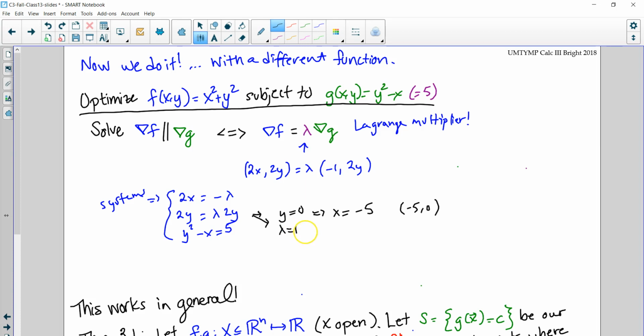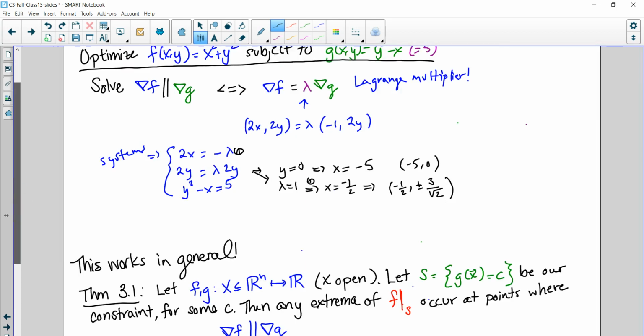But if I do that, then the first equation becomes just x is equal to minus a half, and then in my constraint equation, my very last one, I end up getting that the critical point is going to be negative 1/2, and then plus and minus 3 over square root of 2. Okay, and those would be my critical points. I would still need to classify them, but for now, it's another way of finding my critical points.